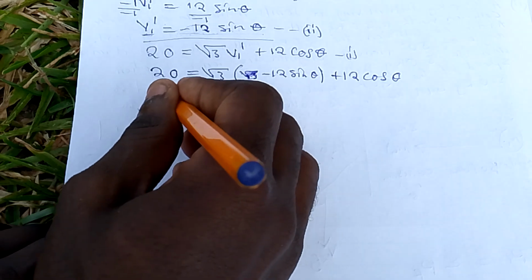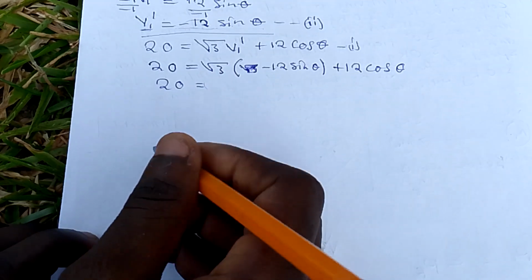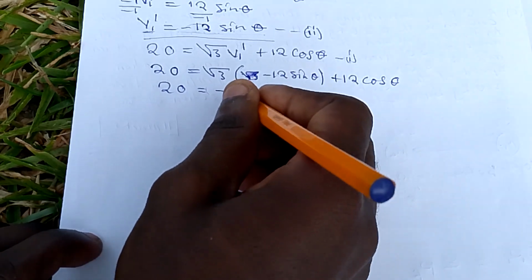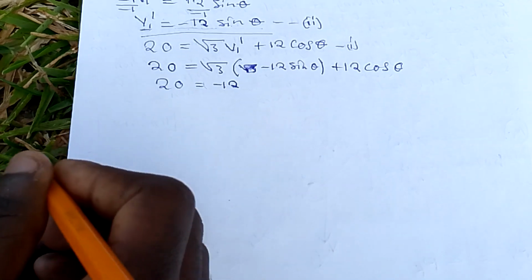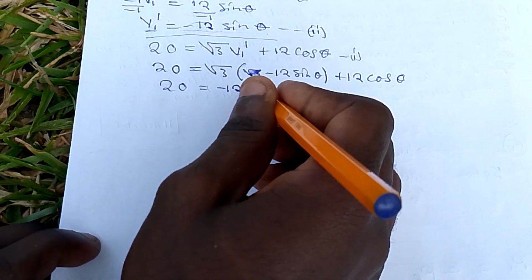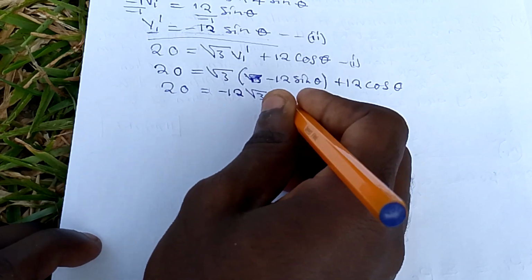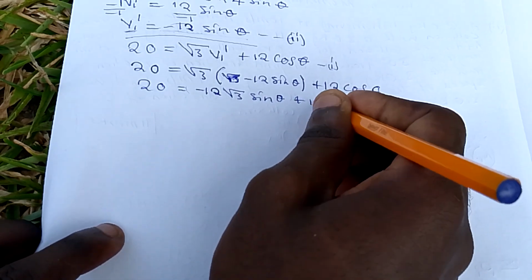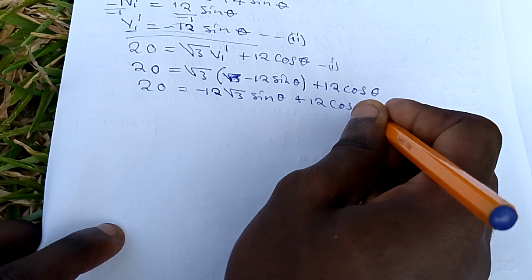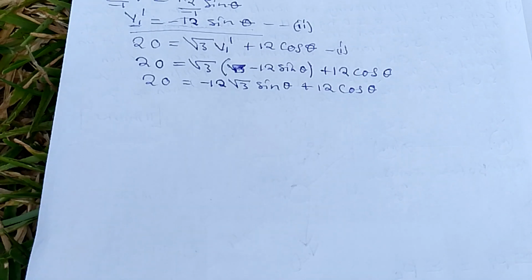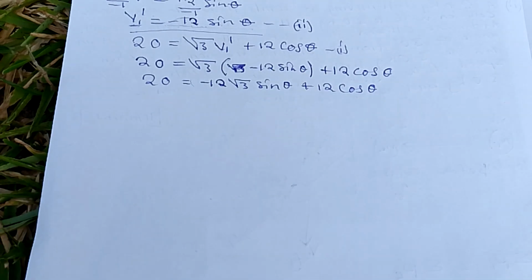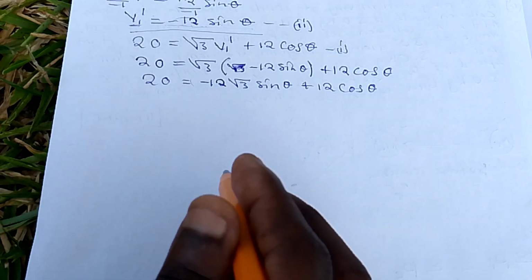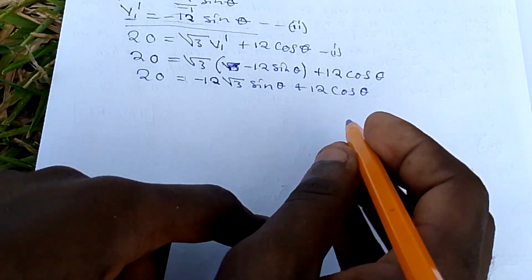So now, if you simplify, we are going to have negative 12 square root of 3 sine theta plus 12 cos theta, like that. This is what we have after simplifying. So now we can divide throughout by 12.